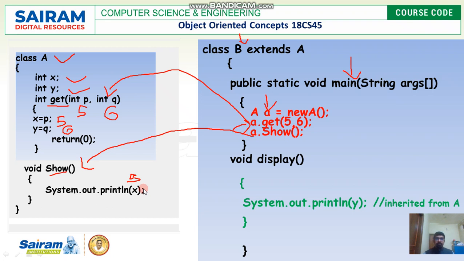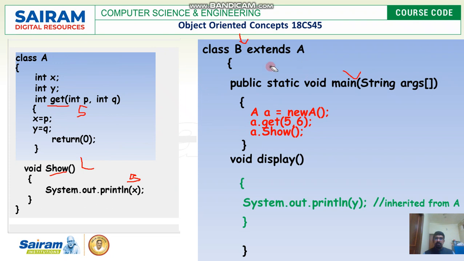Let me brief. We have two classes, class A and class B. Class A is the superclass and class B is the subclass. Class A has 4 members. Out of 4, 2 are instance variables and the other 2 are methods. Class B extends A, and this extends keyword is what makes inheritance happen.